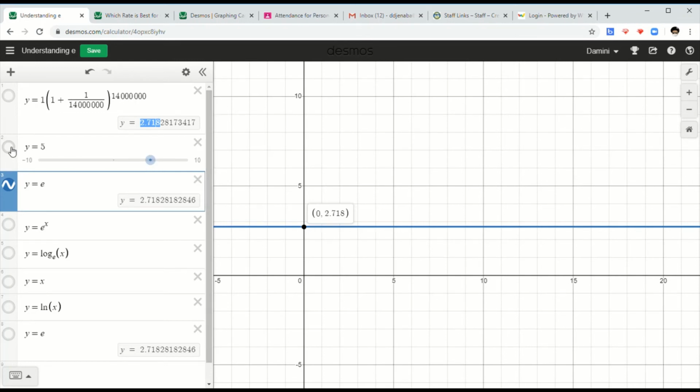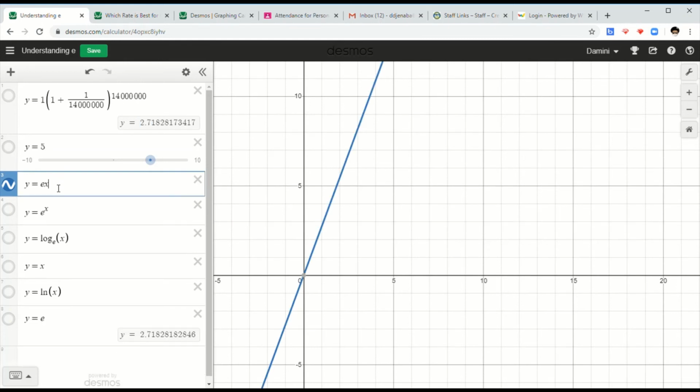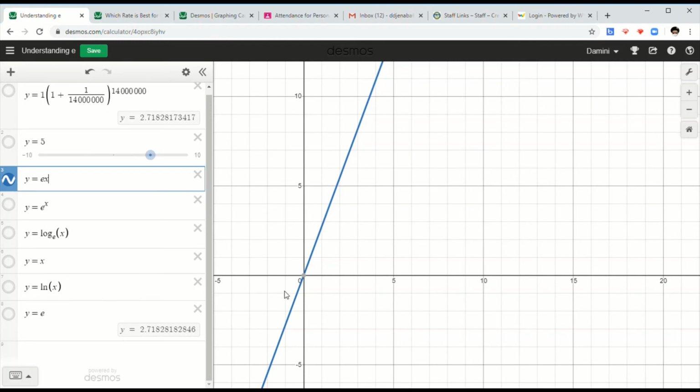Just like if I were to graph Y is equal to 5, we see a constant line, boom, at 5. What if we put Y equals EX? Well, we get a linear, right? And what is our rate of change? Our rate of change is going to be 2.718 all over 1.